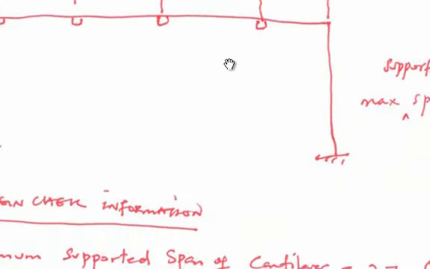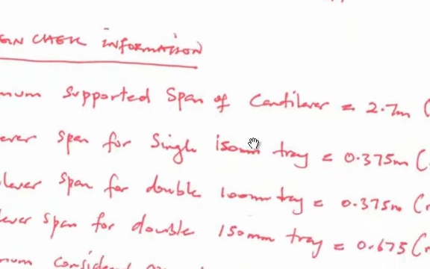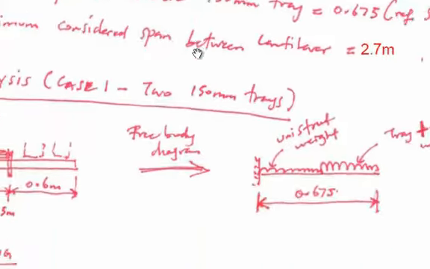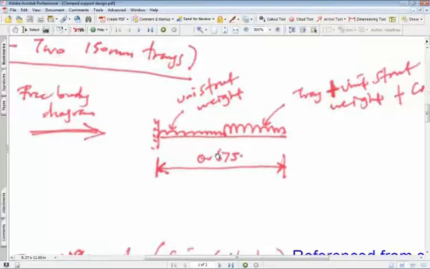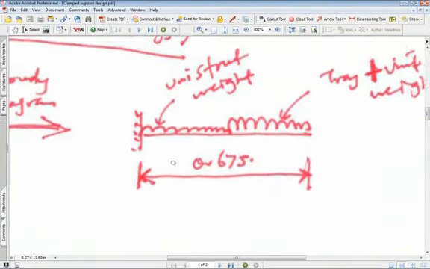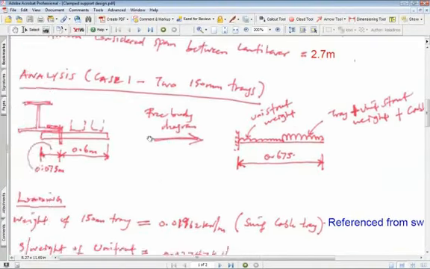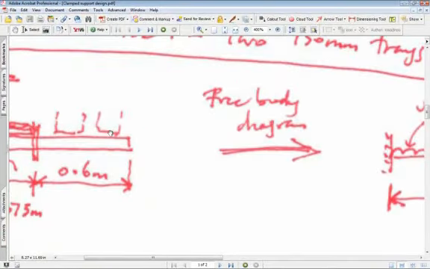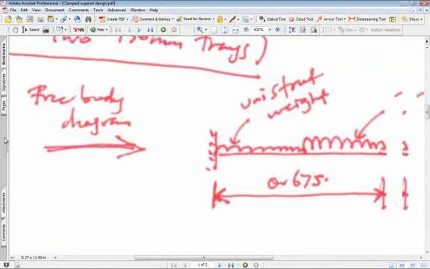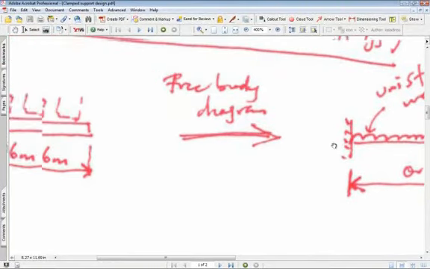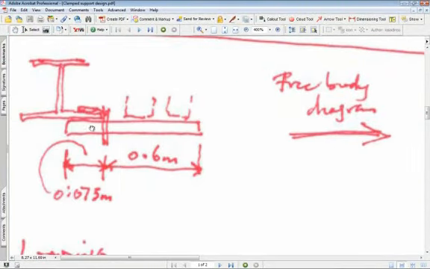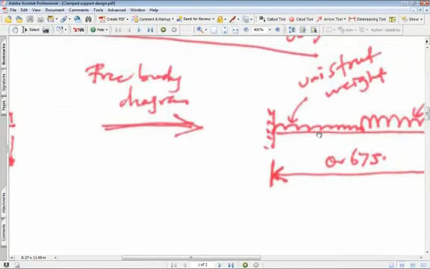In the structural analysis, the cantilevers were modeled, and the various loads acting on the cantilever were translated to a free body diagram. We had the weight of these cable trays calculated and applied on the cantilever, as well as the self weight of the cantilever itself.